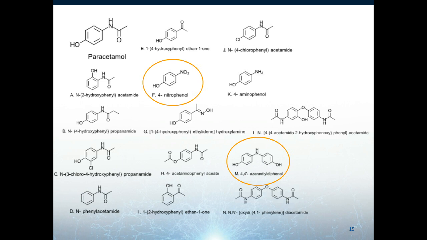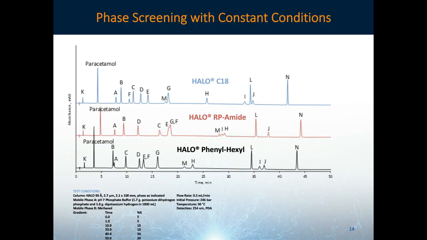And what we have noticed for RP-Amide is that it has more retention for phenol-containing compounds compared to the C18. So in this example, of course, we had some coelutions here at E, G, and F, but for other mixes, this increased retention could be an advantage.